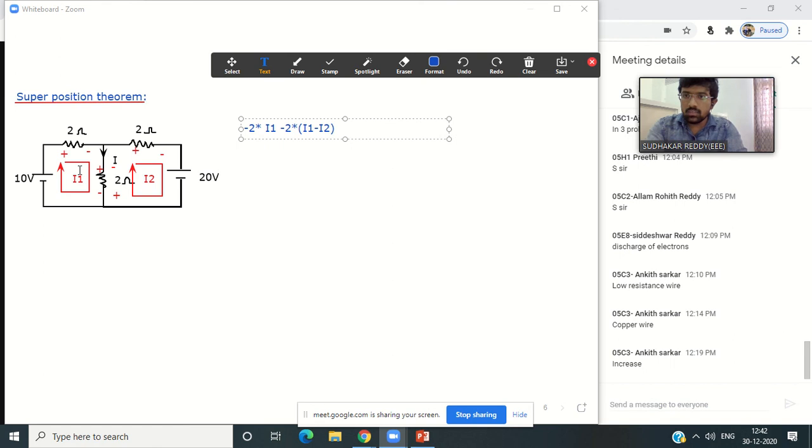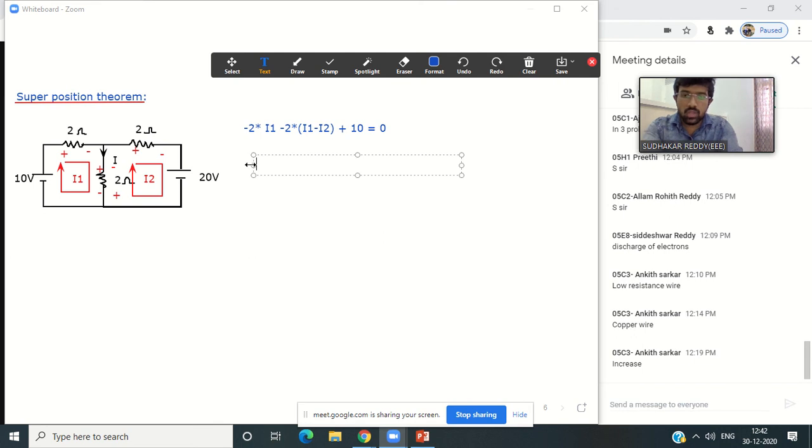And then what about this 10? When it comes to 10, we are moving from minus to plus, so it is plus 10, equals 0. Now can you simplify this equation?